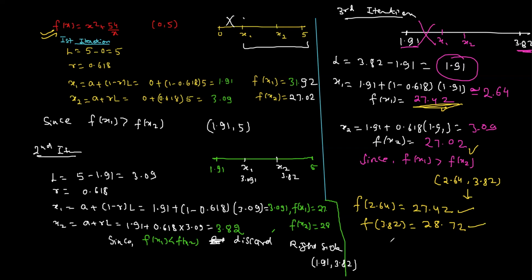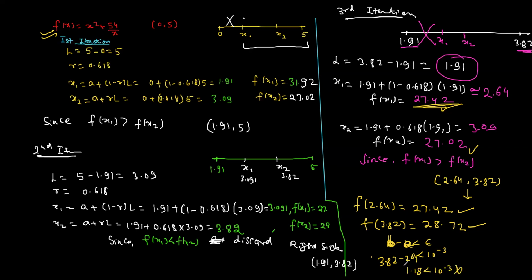Understood? And why do you stop here? Because b minus a is less than epsilon. What is epsilon? It is given in the question. And what is b? 3.82 minus 2.64. Let's check. 1.18.